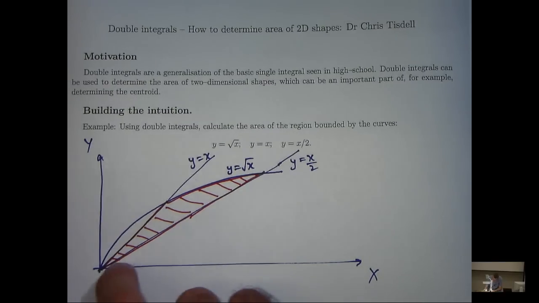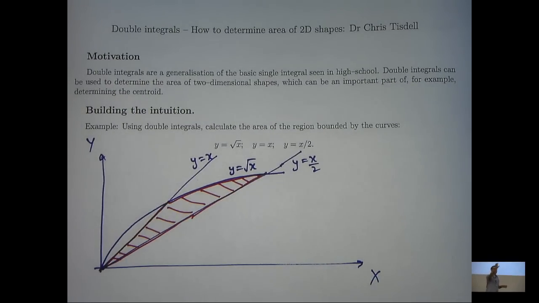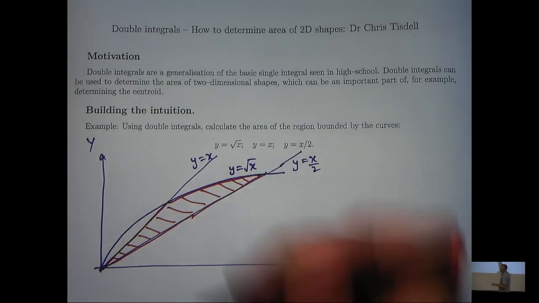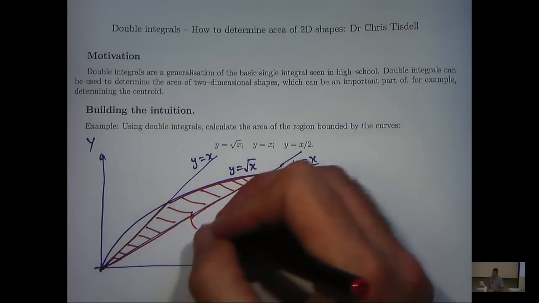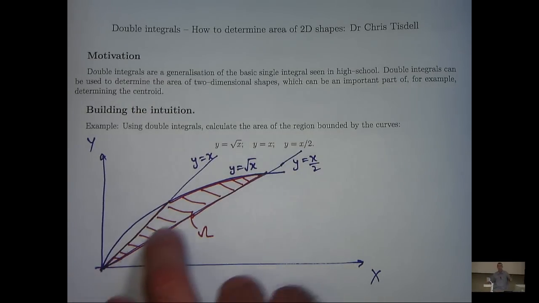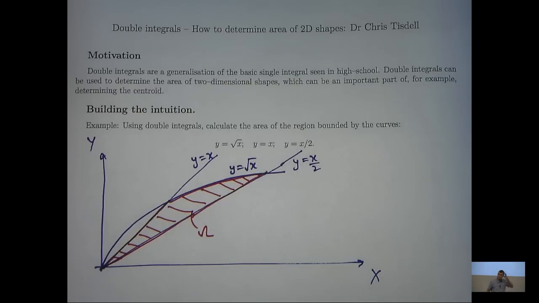The region that's enclosed by these three curves will be the region whose area we wish to calculate. So I'm going to denote this region by omega. Now you may be looking at this picture and thinking, well, hang on, I can easily calculate the area of this region, omega, just by using single integrals. Yes, I agree with you, you can do that.